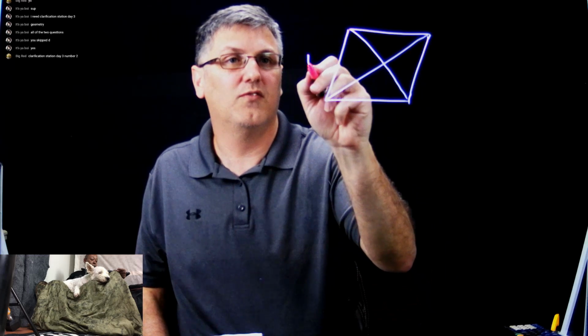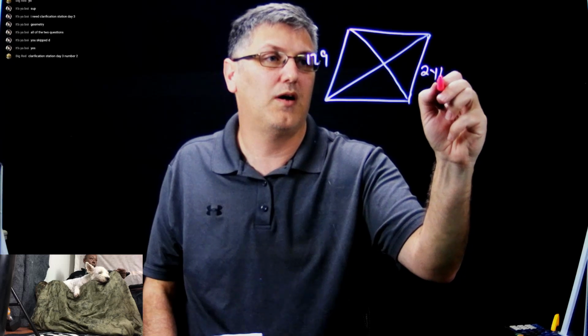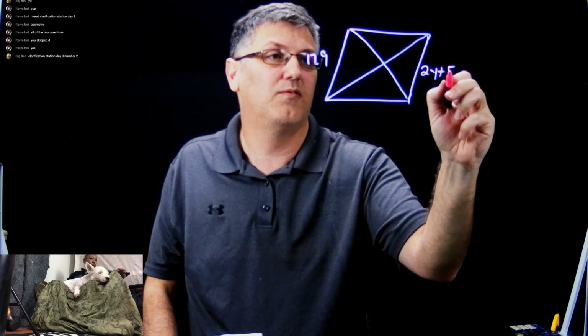On number 2, I give you another parallelogram, and I have my diagonals in here. This is 17.9. This is 2y plus 5.